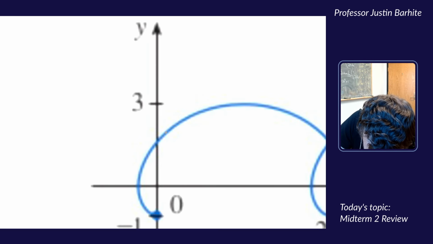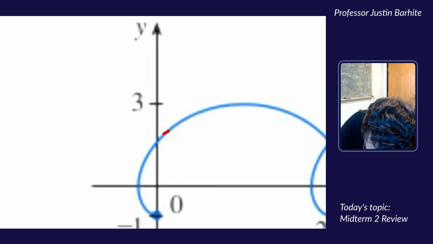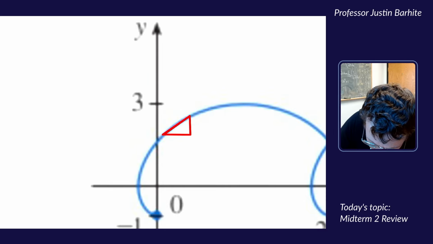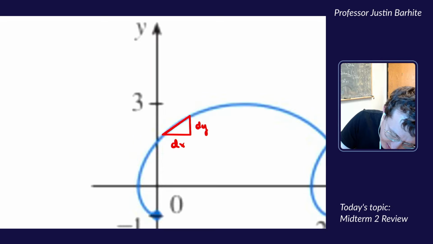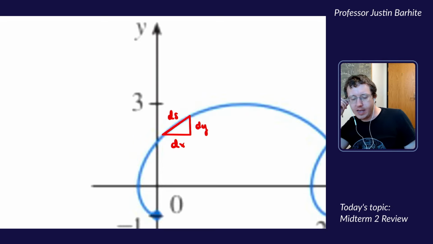So if I look at one little portion of the curve, I've got dx, dy, and I'll call the hypotenuse ds.